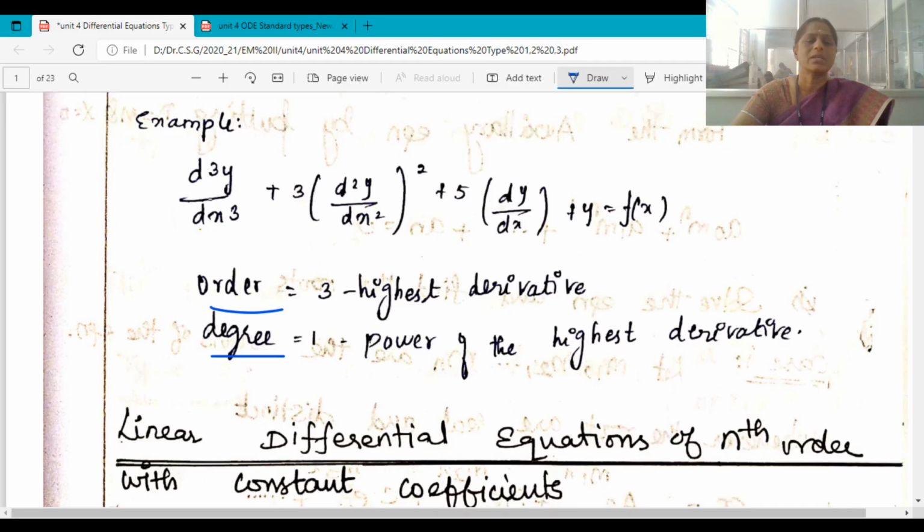So in the equation d cube y by dx cube plus 3 into (d square y by dx square) the whole square plus 5 into dy by dx plus y equal to f of x, the highest derivative is the cube. So the order is 3 and the power of the highest derivative is 1. So the degree is 1.